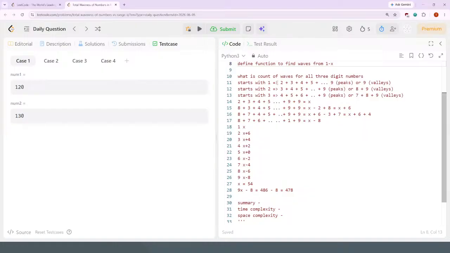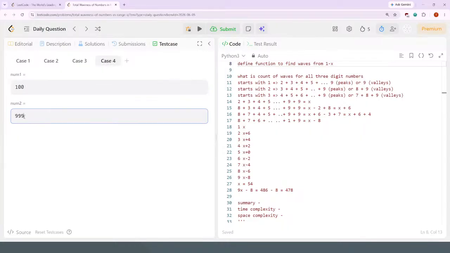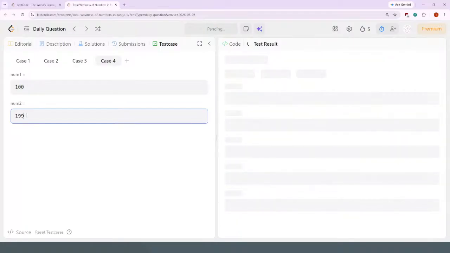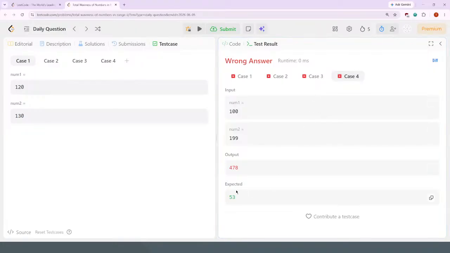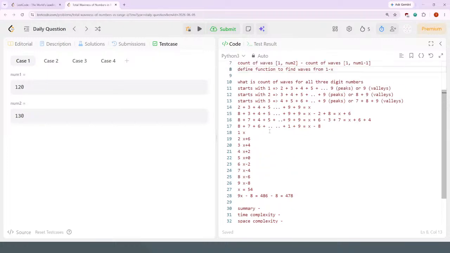So that's 1. Okay, let's try 3 digits, but starting with 1. Is that still 54? It's 53. Miscalculate this. 2 through 9 is 44. 44 plus 9 is 53.